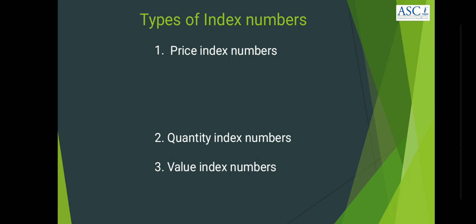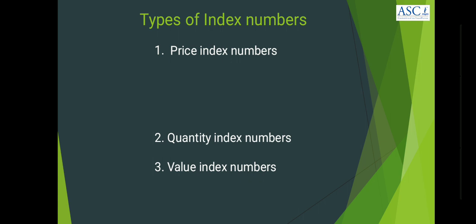If the change in the prices of different items has to be studied collectively, the index number is called price index number. If the change in quantities of items has to be studied collectively, the index number is called quantity index number. Similarly, if the change in the value of items has to be studied collectively, the index number is called value index number.